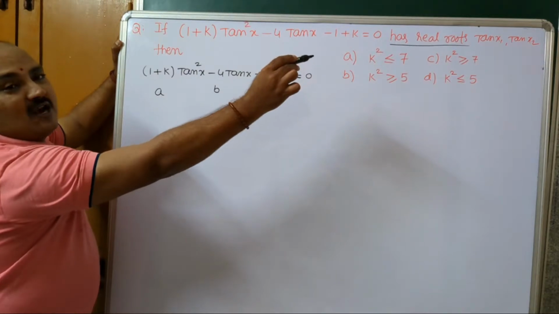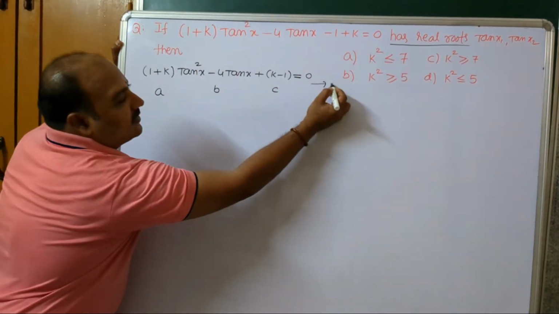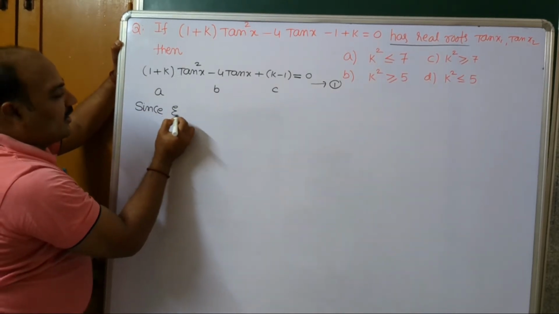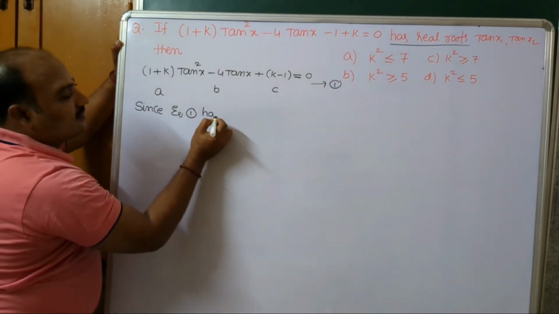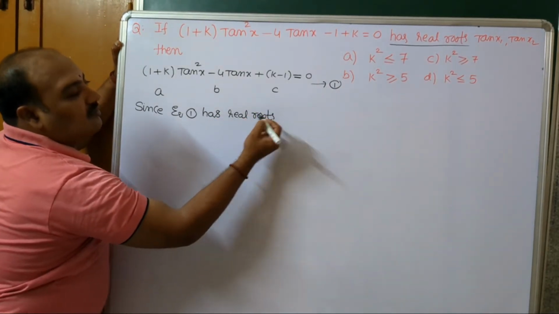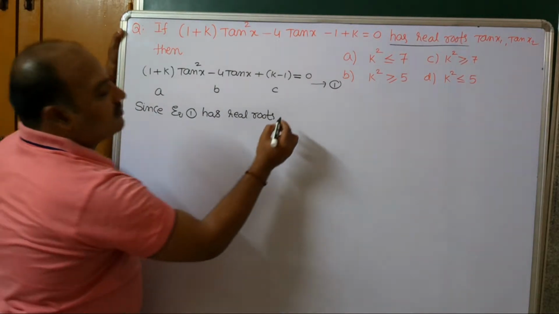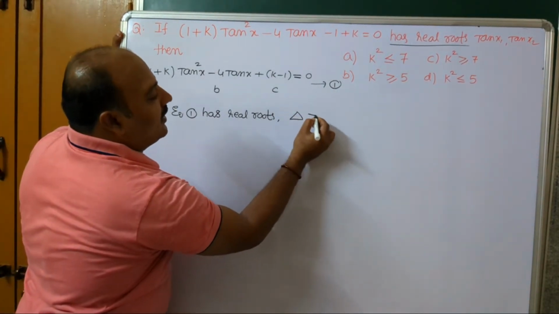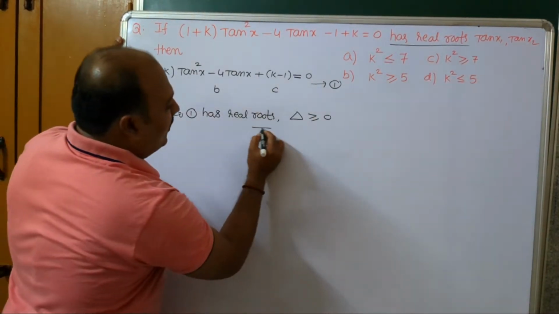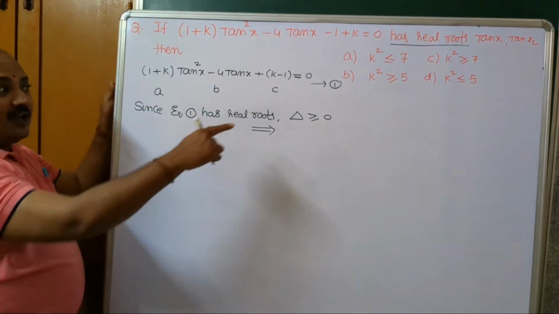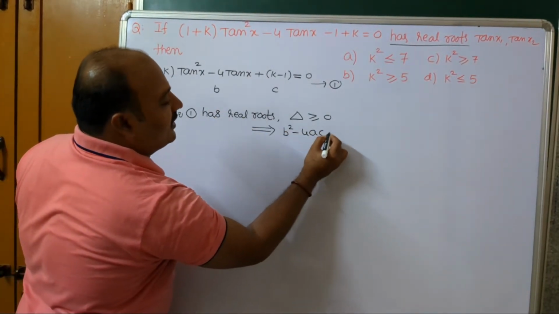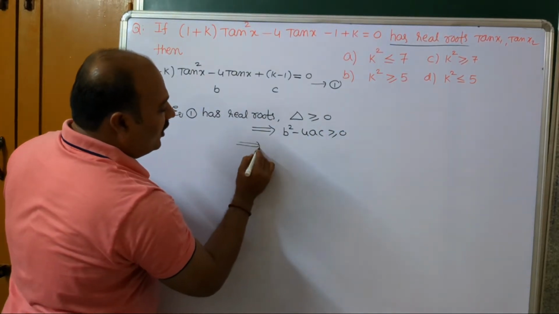Since equation 1 has real roots, delta is greater than or equal to 0. That implies b square minus 4ac is greater than or equal to 0. What is b square?